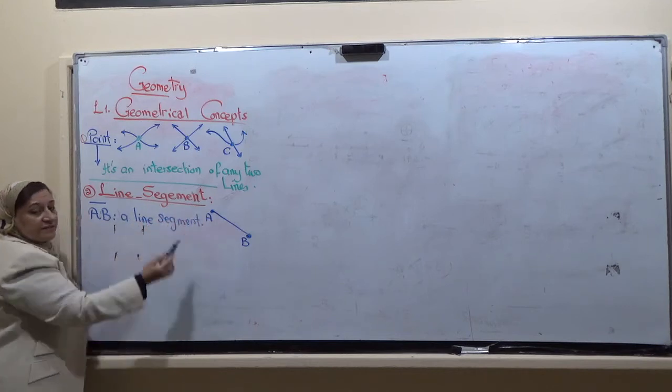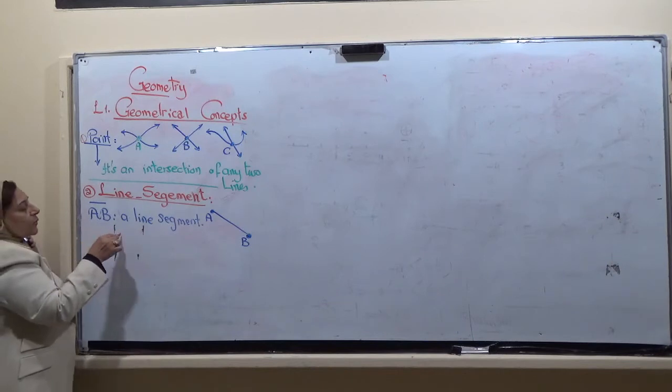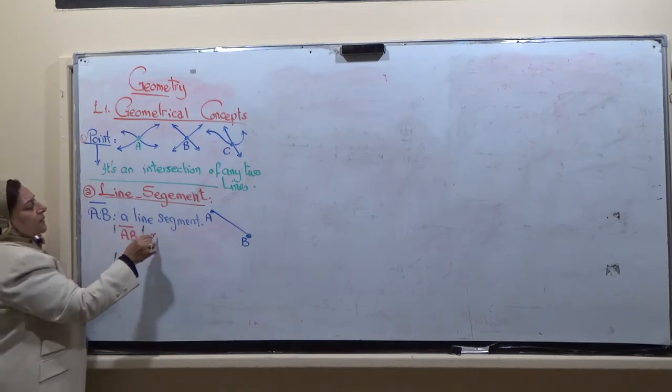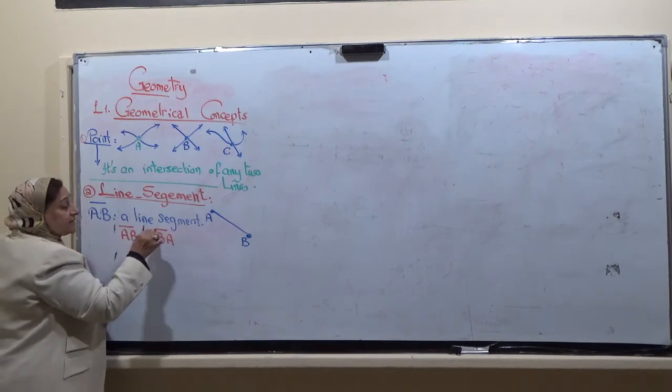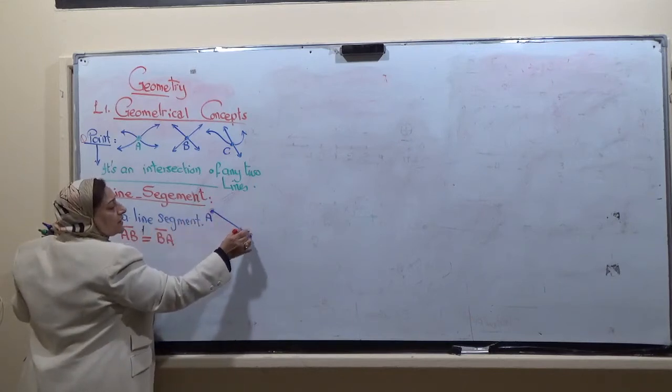This is a line segment AB, and we can write AB line segment as BA line segment. It's the same.